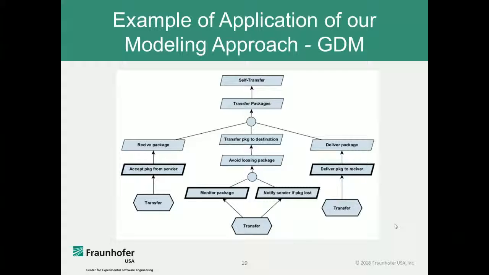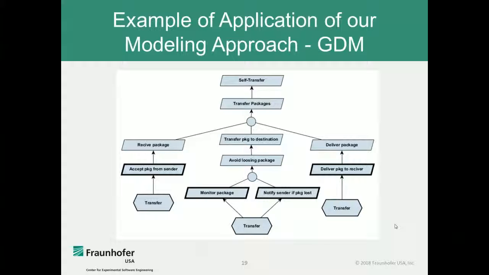And then you have the AND relationship, where in order to achieve a parent goal, you need two or more sub-goals. Once you get to the leaves, you have requirements that are goals specific enough to be assigned to an agent. At the very bottom, we assign each of these to an agent within our system. This is really where we discover the actions, and we discover the agents within our system.